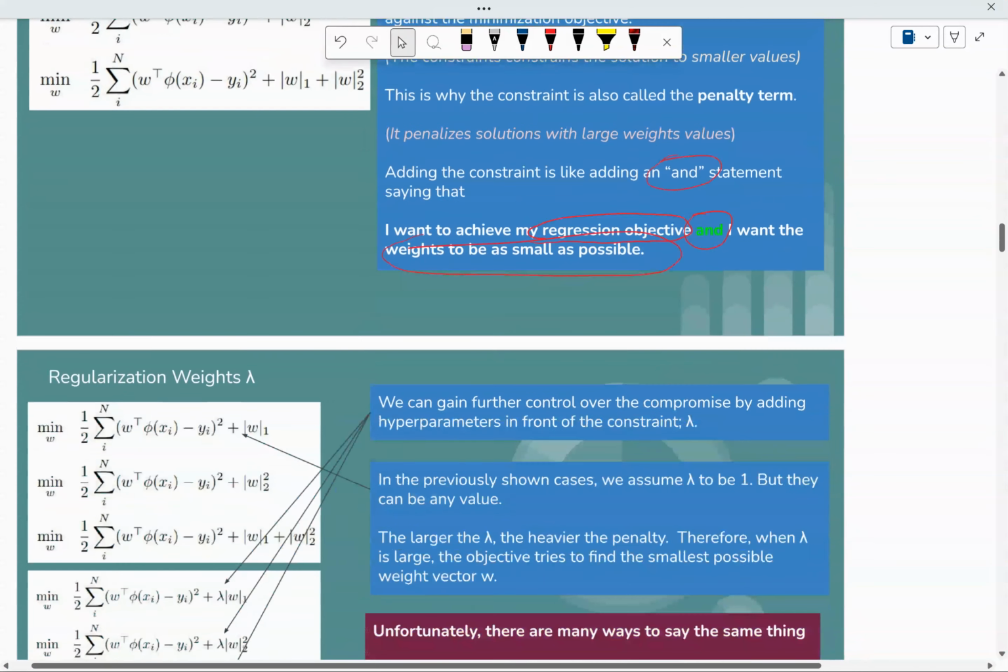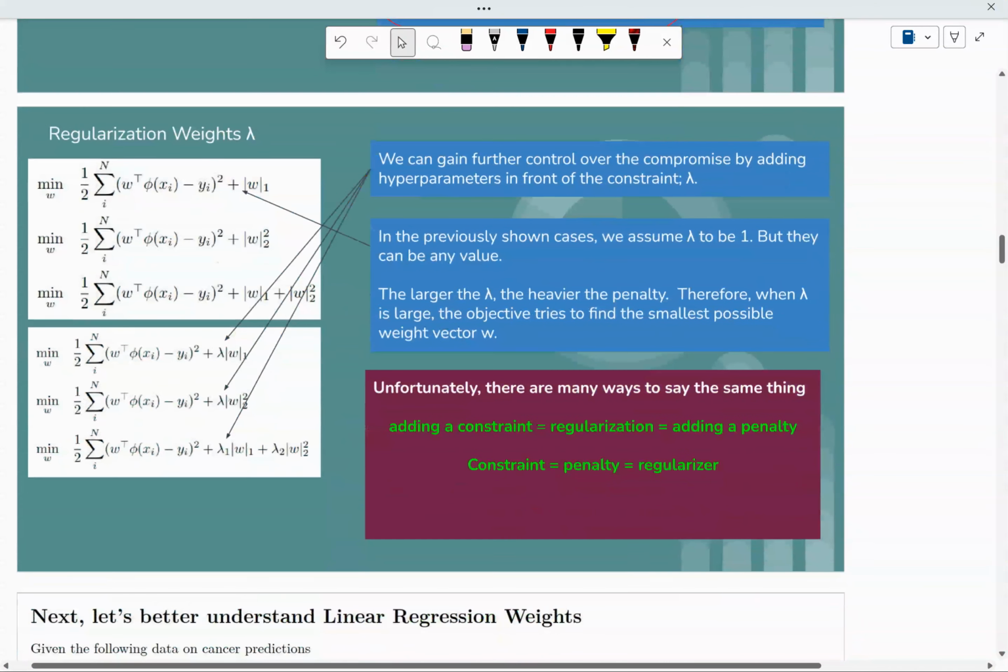Now, we can add and fine tune additional power to these constraints by adding these constants in here. Lambda over here are just numbers, scalar values, they're not vectors. And by putting a very, very large lambda, you are basically telling the gradient descent that you really, really care about this constraint. Now, if you put a zero, basically you're saying you don't care about this constraint.